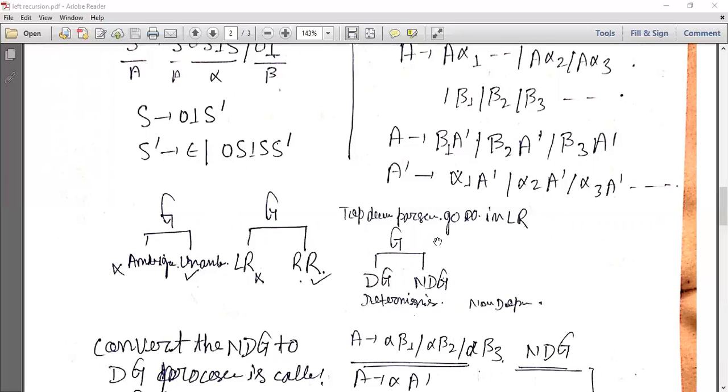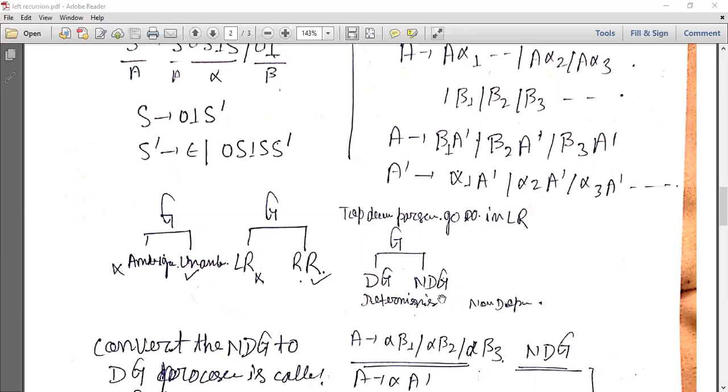And the last part is deterministic and non-deterministic grammar: how to convert non-deterministic to deterministic grammar. One more important point: whenever we convert non-deterministic grammar to deterministic grammar, there is no guarantee that the grammar is unambiguous. If non-deterministic grammar is ambiguous, then deterministic grammar is also ambiguous. If non-deterministic grammar is unambiguous, then deterministic grammar is also unambiguous.